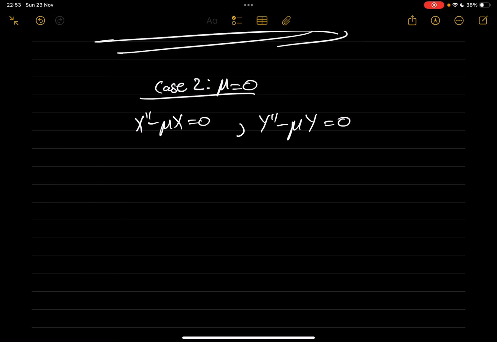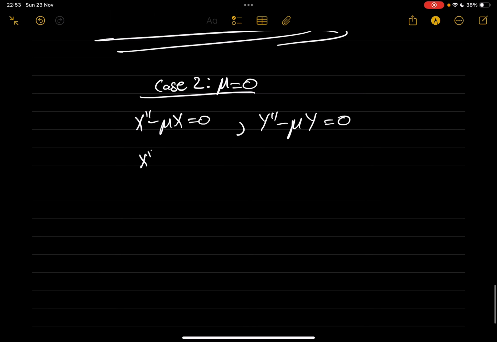So now mu is equal to 0, that means x double prime is equal to 0, y double prime is equal to 0. From here, we want to find the general solution for x and y. If the second derivative is 0, the first derivative is a constant, and then the variable is going to be linear.